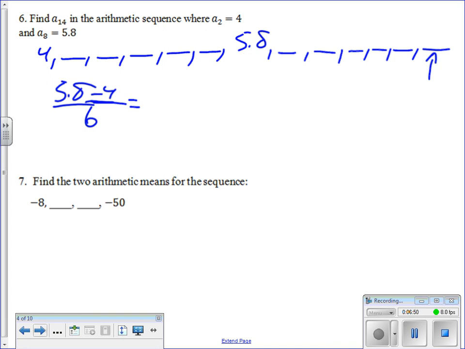And you get 0.3. No, you divide by 1 more, because how do I get from here to there? I have to add D 1, 2, 3, 4, 5, 6 times to get from 4 to 5.8. And you get 0.3.